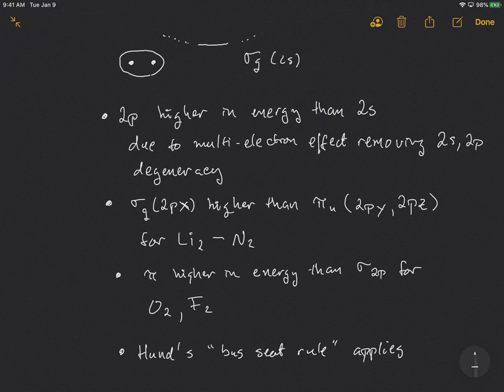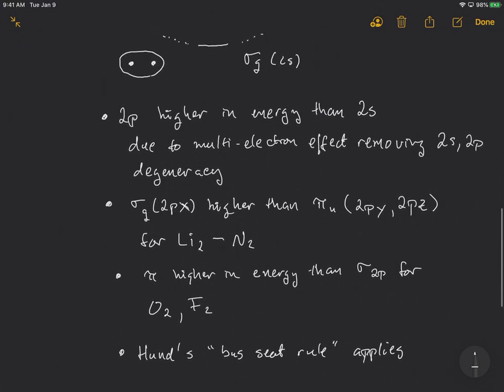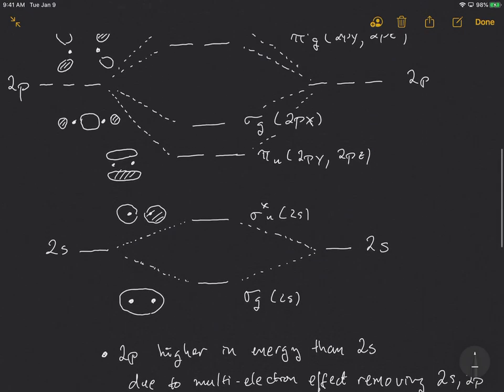Then finally, before we start putting electrons into this diagram, we need to consider that the Hund's bus seat rule applies to this system, meaning that we have various molecular orbitals here where there's a degeneracy, say in the pi u, right? There's going to be two different pi u molecular orbitals. There's the one that's sort of in the page that I've sketched here, and then there's another one that's kind of out of the plane of the page, has a cloud above the page and a cloud below the page.